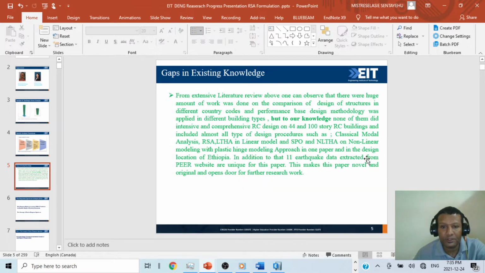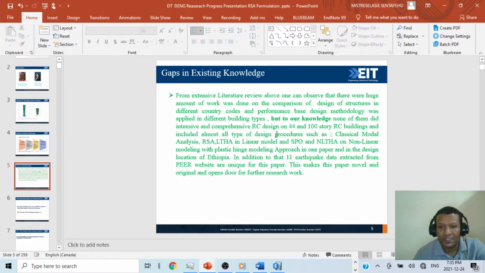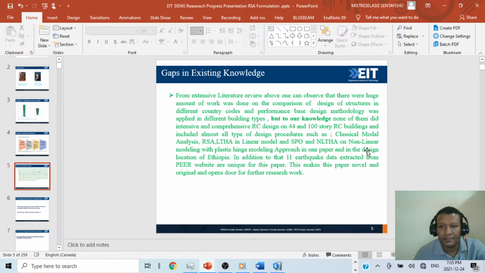This research work is already novel, because the building types are 44 and 100 stories, the structure is different, the location is different, and almost all analyses are included. But deliberately I didn't include the ELF procedure, because ELF is mostly used for low-rise buildings, so that's why we didn't do it.